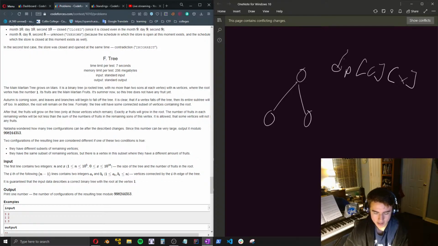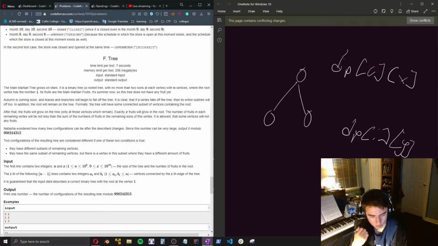You could transition from a DP of I, like a knapsack way. It's like DP of I, Y. We know Y has to be less than or equal to... it has to be less than 2 times X, because Y will be added here, and it'll also be added here. Well, that's kind of interesting. Y is less than or equal to X over 2.